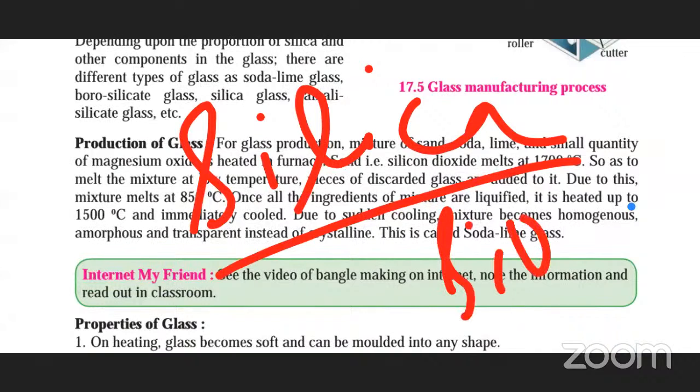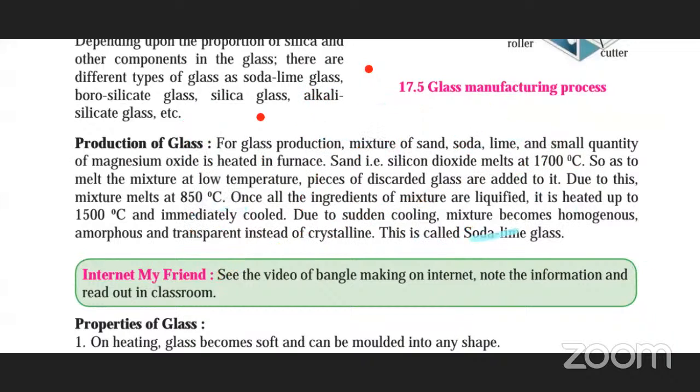This silica is also known as sand. Then you need soda, lime and a small quantity of magnesium oxide. All these things are mixed together and heated in a furnace.